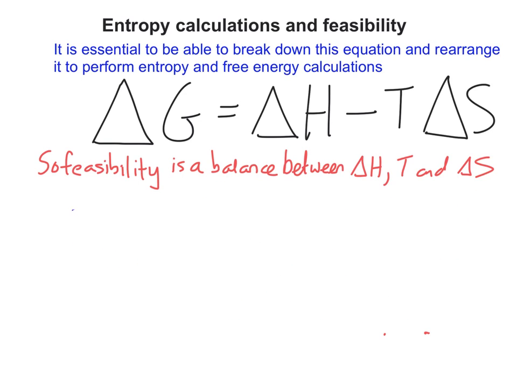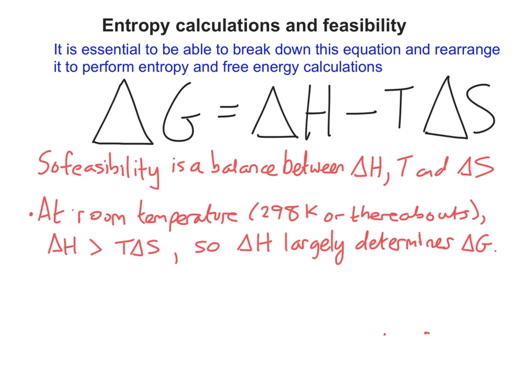So feasibility is a balance between delta H, T and delta S. So if we take reactions at room temperature, around the value 298 Kelvin, delta H will be quite a lot bigger than T delta S. So the delta H value is what largely determines the delta G value.